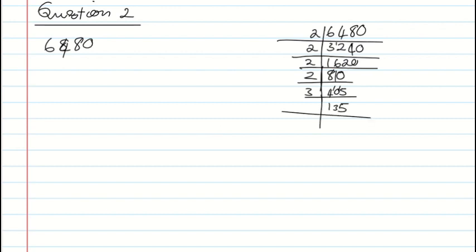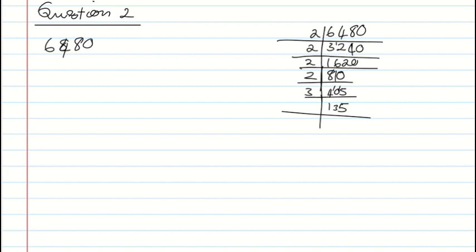So I have there 135. All right, now I ask myself, can 3 go into that number as well? Yes. 3 can't go into 1, but 3 can go into 13. How many times? 4 times.